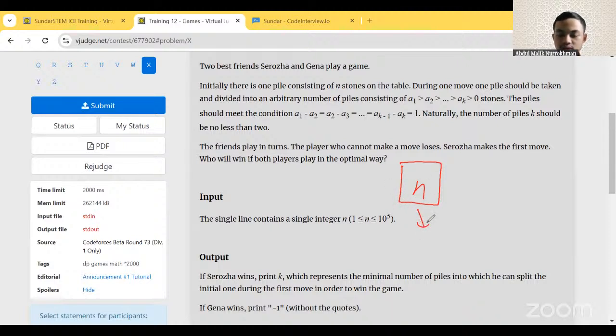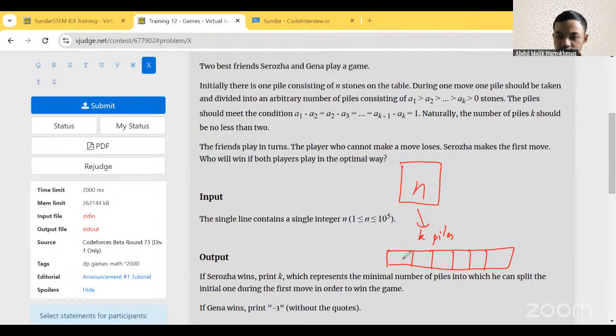And in one turn, we can divide it into k piles, but the values of the piles are adjacent.